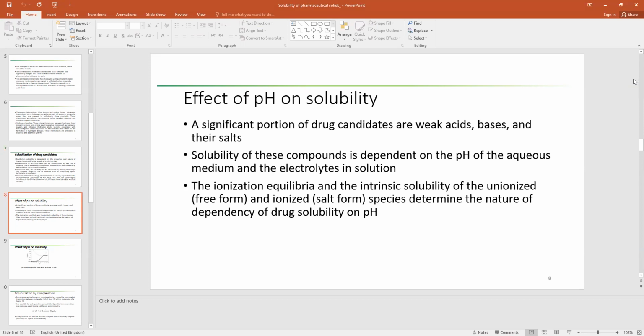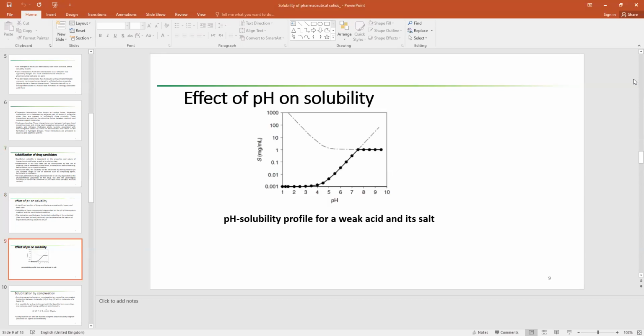The ionization equilibria and the intrinsic solubility of the unionized species determine the nature of dependency of the drug solubility on the pH. This is a figure to remind you how the solubility of a weak acid can be enhanced by altering the pH.